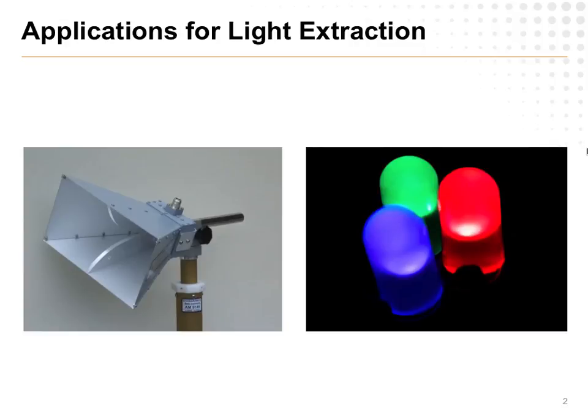So what are some applications for light extraction? I couldn't think of as many applications for this as I could for light trapping. We had stealth and anechoic chambers, which were all about light trapping. In this world, LEDs are really the only place I've seen light extraction really be a thing. So I struggled a little, and a sort of crude alternative is this idea of antennas, where maybe you have some coaxial transmission line and it goes to an antenna and you're going to radiate light that way.